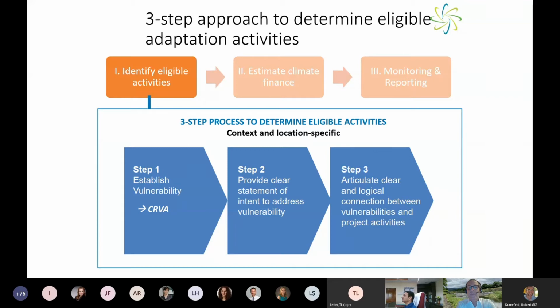And yes, you'll come up with a better climate project, and you will probably have more finance dedicated to it, which for better or for worse is the indicator we're working with. And then at the end, monitoring, reporting, clear logical connection. And again, I think this is very similar to the previous presentation. Next slide, please.